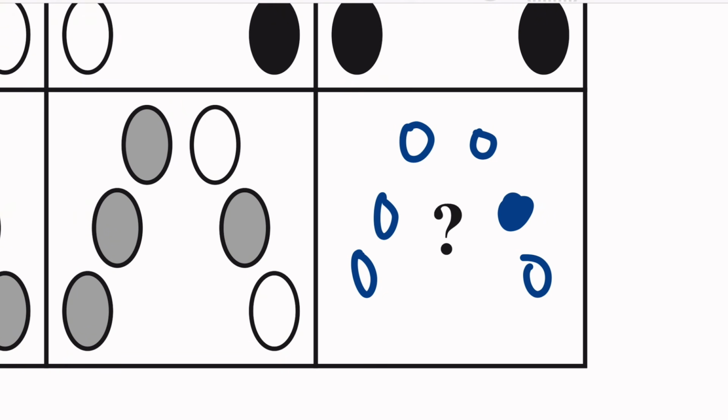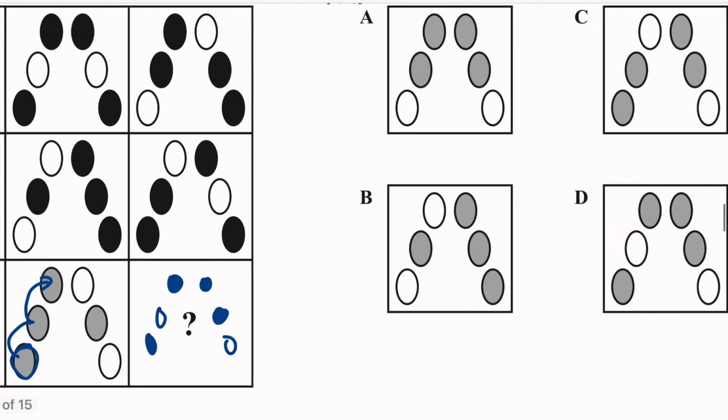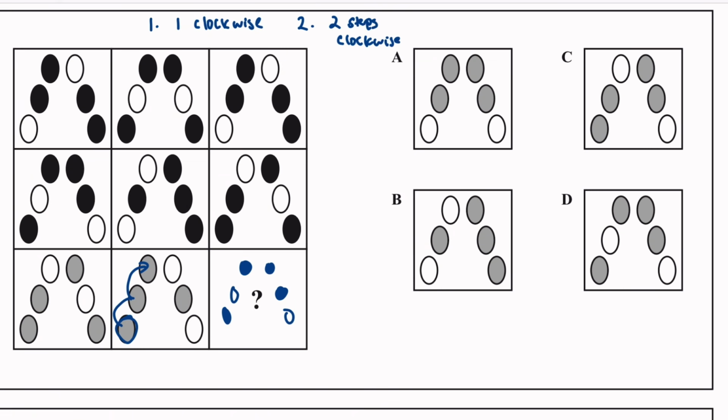Now this moves 2 steps clockwise, 1, 2, so there should be 1 shaded over here. Now this moves 2, 1, 2, so it should end up over here, and this should be shaded. And finally, the last one moves 1, 2, so there should be 1 oval shaded over here. So this is what the pattern should end up being. Which answer has that? D. That makes everything else wrong, and D is our answer.